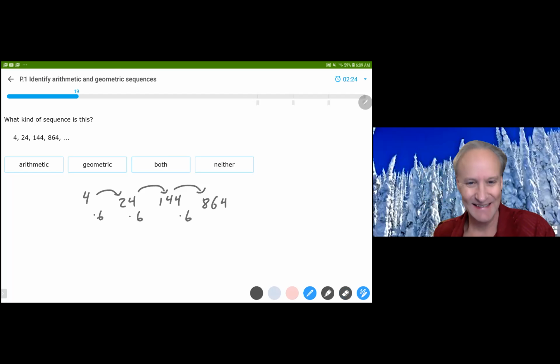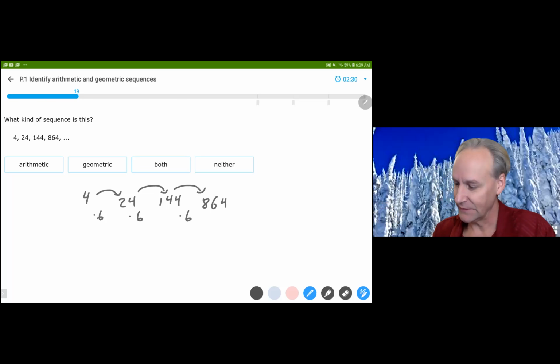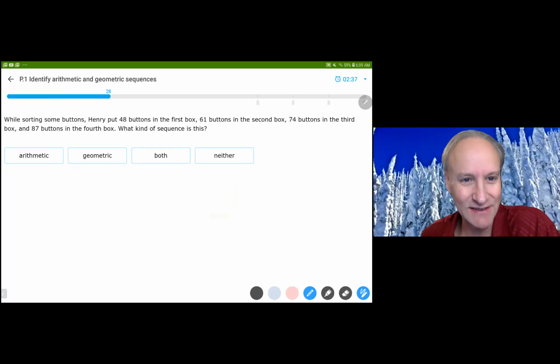Now it's correct. So it is definitely geometric. I had suspected after the first three, but I like to double check and make sure that it actually does increase the way it's supposed to.